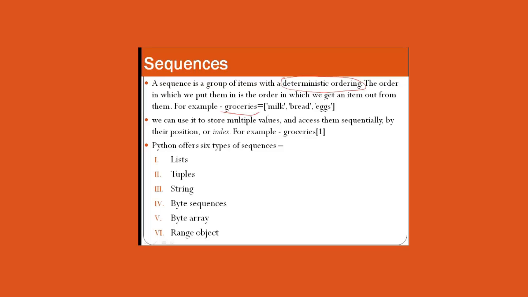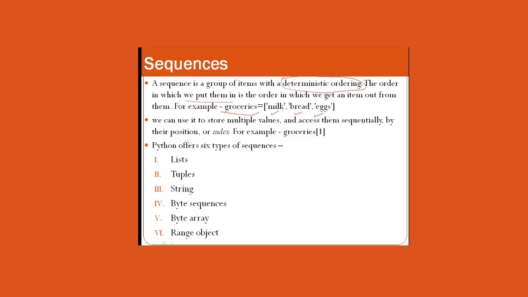Here we have put three items. First we have added milk, then we have added bread, then we have added eggs. So this is the sequence in which we have added them. This is the order we have put in, and this is the order we will be taking them out.